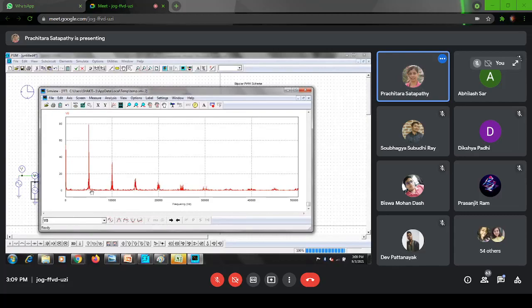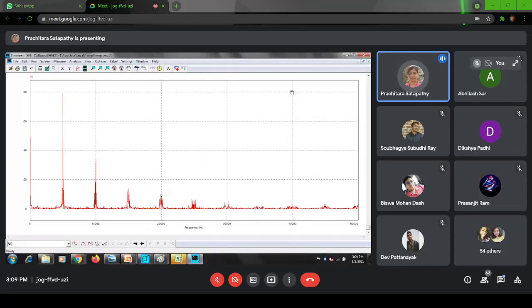Yes or no? Here also you have taken 5,000 carrier wave. What was FC? 5,000. So you can see here also at 2F. F means FC. Okay. 2F, 4F. See, it is there also.